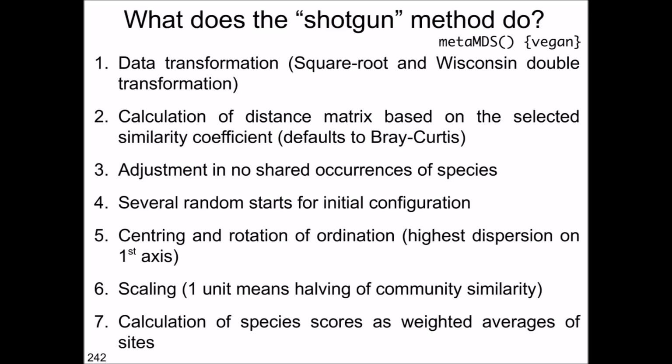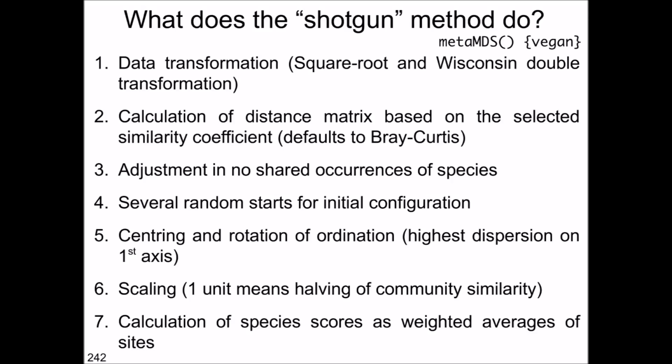Then it has several random starts to find an initial configuration. It also centers the results and rotates the ordination so that you have the highest dispersion, the highest distances, on the first axis, although remember that we cannot interpret the distances in a metrical way. It's not eigenvalue based. We cannot say anything about the relationship between the first and the second axis and absolute variances.